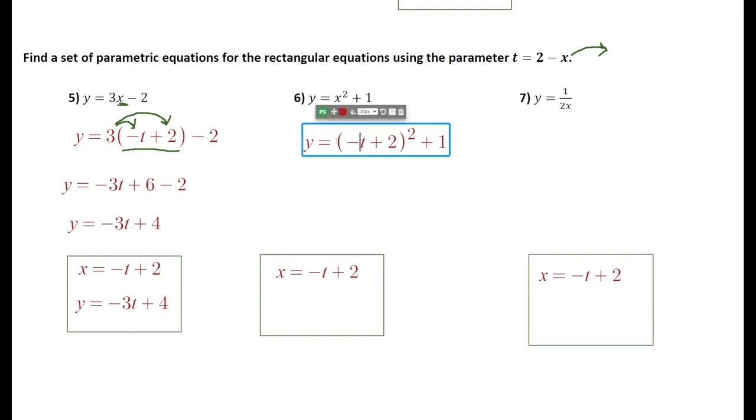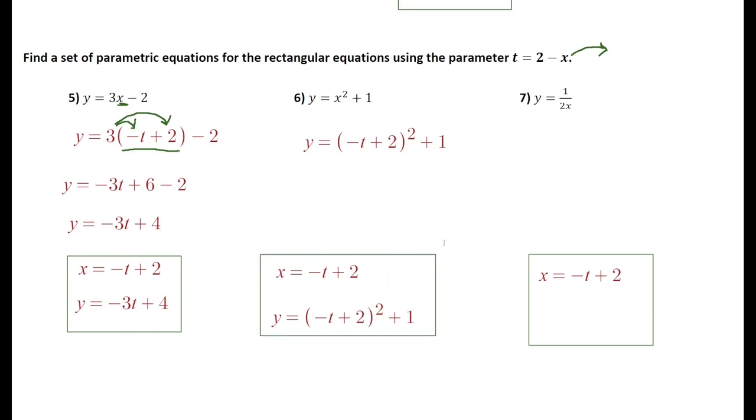You don't really need to go further than this, but if for some reason it asked you to write it in standard form, you would want to square this out and then simplify. But honestly, there's not really a reason to do that. So I'm just going to leave that as my equation for y. And it looks like my box is not big enough to accommodate the length of the y equation.